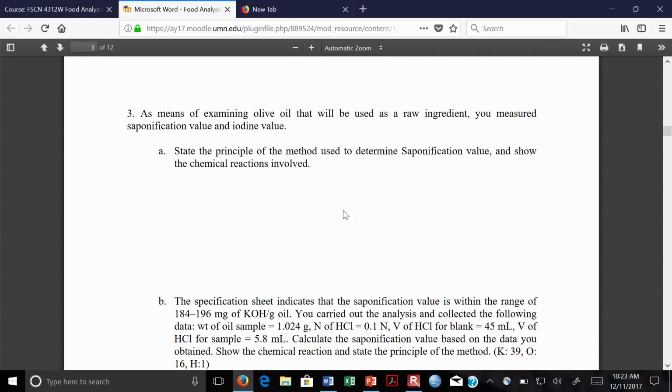So it will be triglycerides plus 3 KOH that will give you water and 3 K fatty acids.